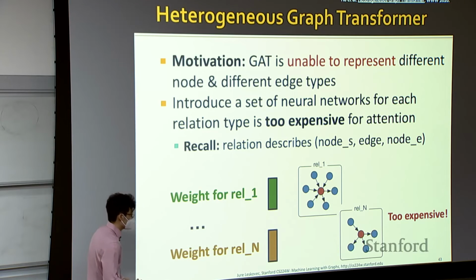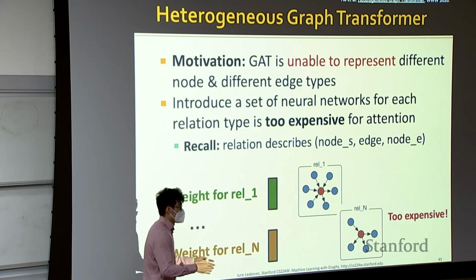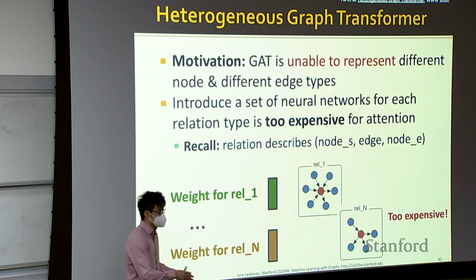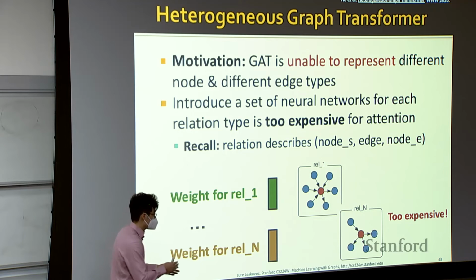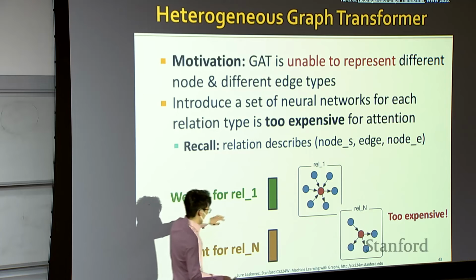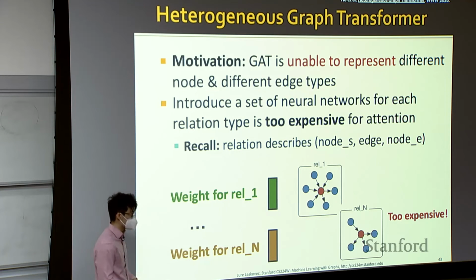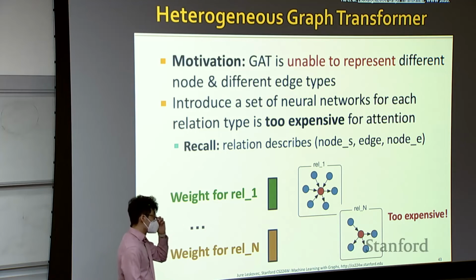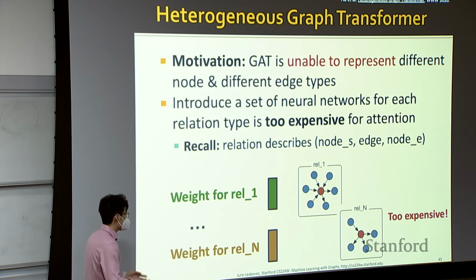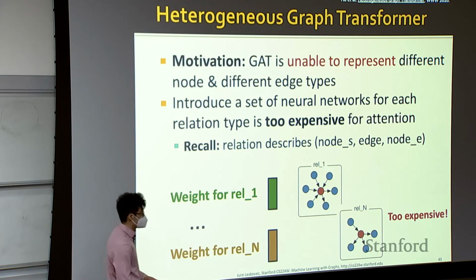We have separate branches for computing attention weights, and attention usually is multi-head attention, so we have to duplicate the weights k times, and with an additional duplicate for each relation type, it is simply too expensive. So the question is, can we reduce the cost for heterogeneous graph attention?